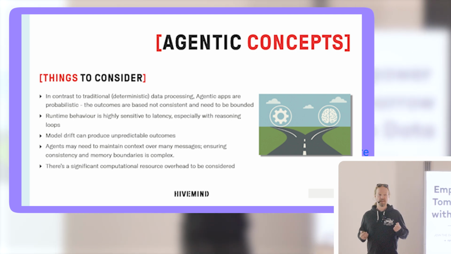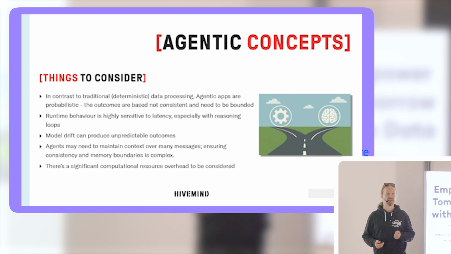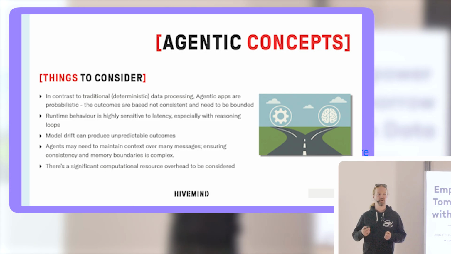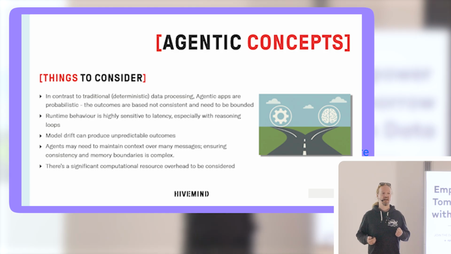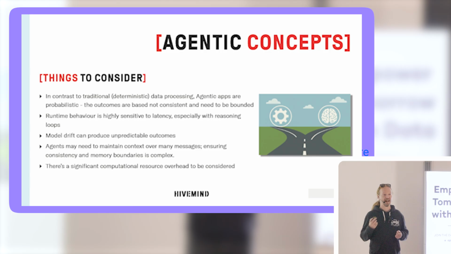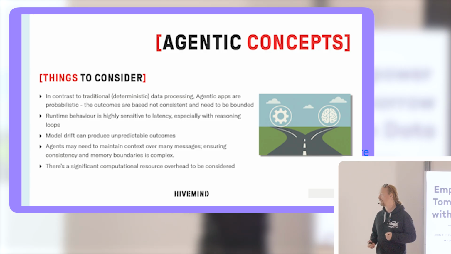The runtime behavior is super sensitive to latency, especially when we use more complex models with chain of thought processes, right? Like the big models that basically compute different pathways within a loop, and then evaluate the outcomes of different pathways and then present the results.